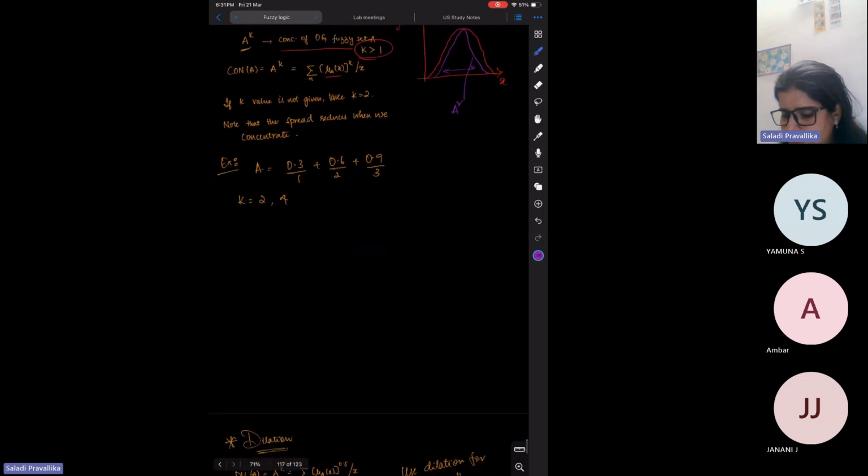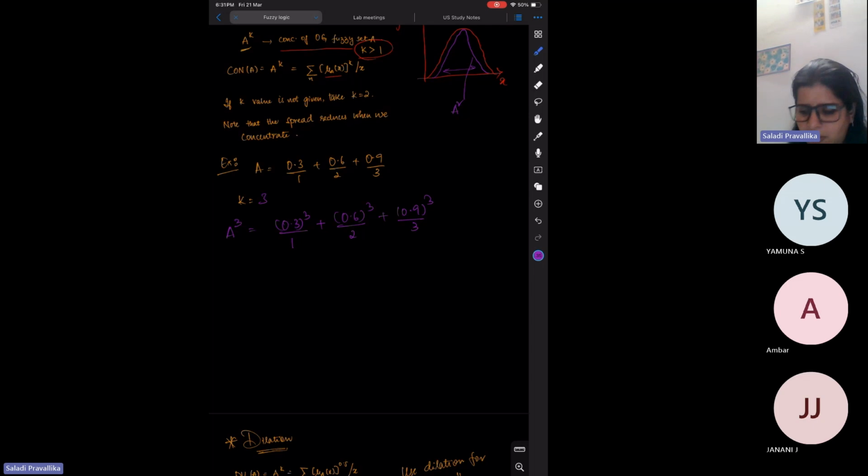Now, let us try this example out. Just change the values. Let's say k equal to 3 and k equal to 5. Five will be a little too much for now, so let's just stick with k equal to 3. For A3, it's going to be 0.3 cube for 1, 0.6 cube for 2, and 0.9 cube for 3.